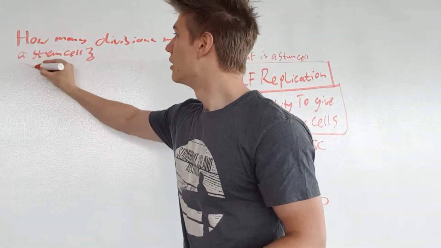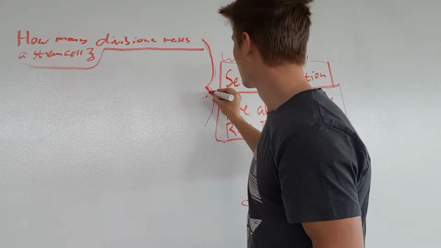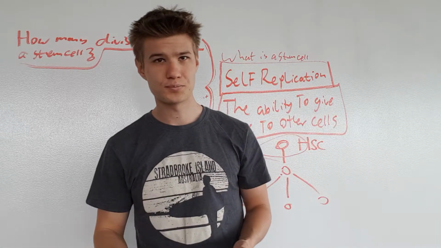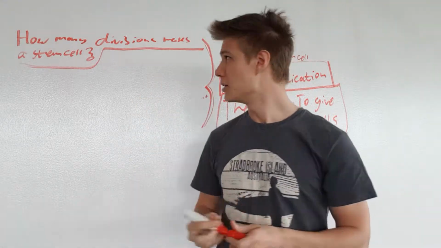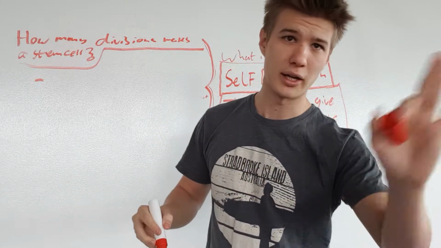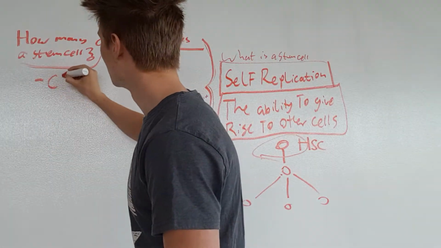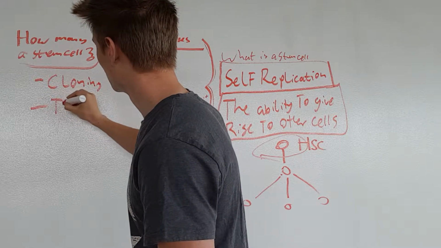So, in our attempts to answer this question, we've had two major approaches: cloning cells, and we're going to talk about what exactly cloning is, but we'll give a quick overview now, and transplanting cells.